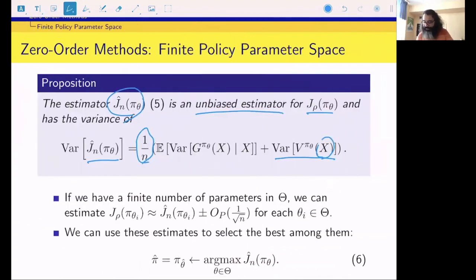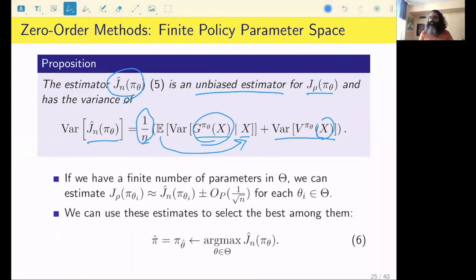The other depends on the randomness of the return, because the return has some stochasticity. So we compute the conditional variance of g of pi theta. This is the variance of g of pi theta for one particular state x. And then we take the expectation over all states to get the average variance contributed by that.